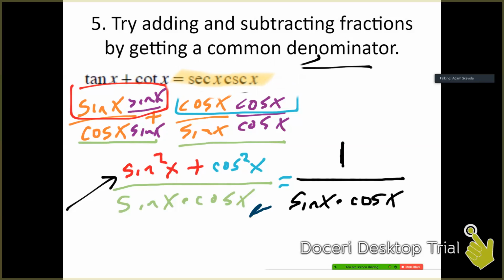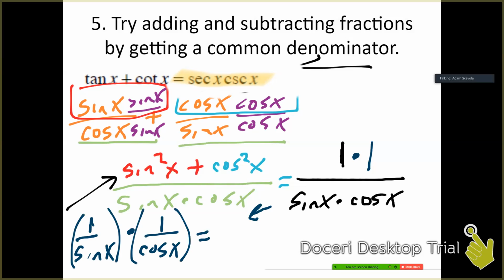Now what we could do, and this is kind of weird, but you're allowed to, is write this as 2 factors, because 1 times 1 is 1. Every number has a factor of 1. So you could break this up as 1 over the sine of x times 1 over the cosine of x.